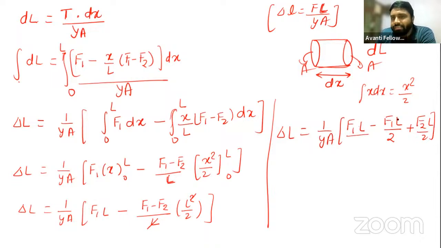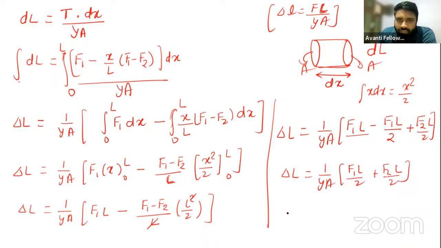This is F1L, and this is F1L by 2, so we will have F1L by 2. Now delta L will become 1 upon YA into F1L by 2 plus F2L by 2. So delta L you have as F1 plus F2 into L divided by 2 YA.